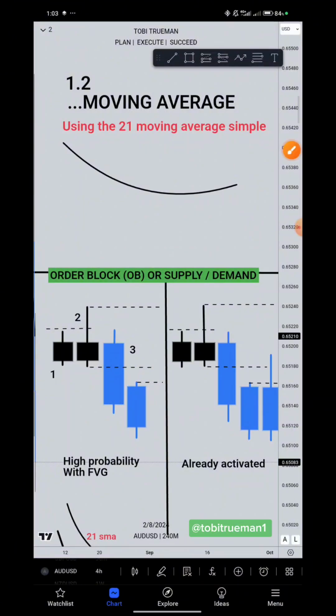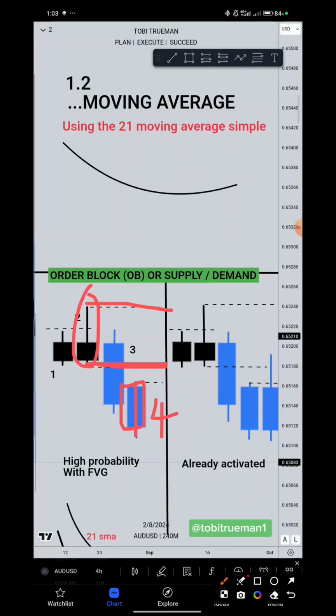Now, what can happen is the wick and the body of the 4th candlestick did not touch this our entry, our number 2 candlestick. It did not touch it, because what we want is when price makes a downward move, then when the entry is here, we want price to come back to the entry and take us along to sell.